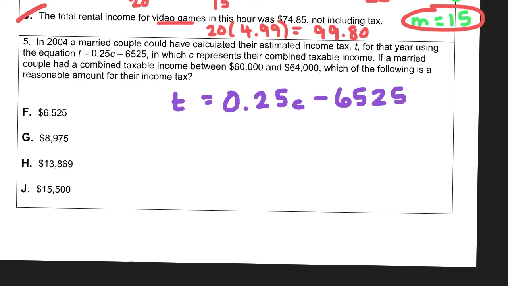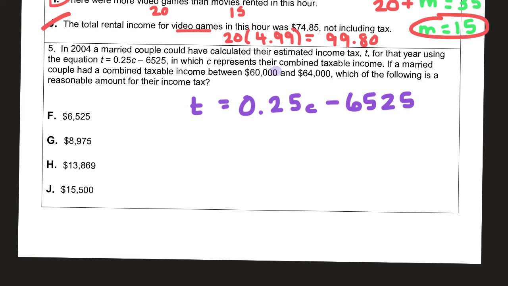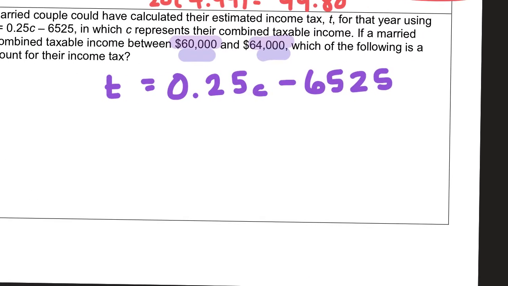So let's look back at the question. What does the $60,000 and the $64,000 represent? That represents their C, the taxable income. So since we have two different numbers, we can simply input C of 60,000 into the equation and find out what their tax would be.